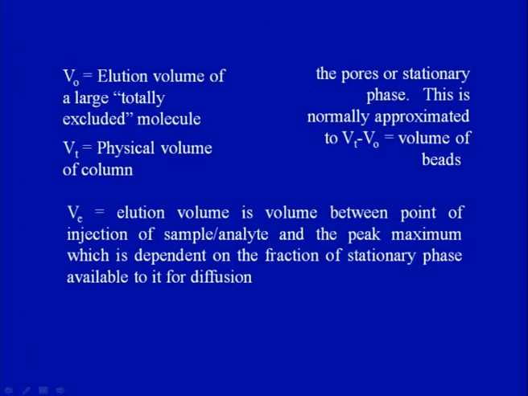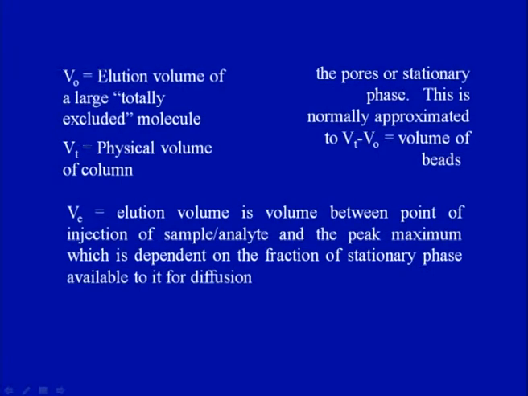Now, the elution volume of a large totally excluded molecule will be given by the void volume. Vt is the physical volume, and, like I said, you can subtract the void volume from the total bed volume and get the volume of the beads.